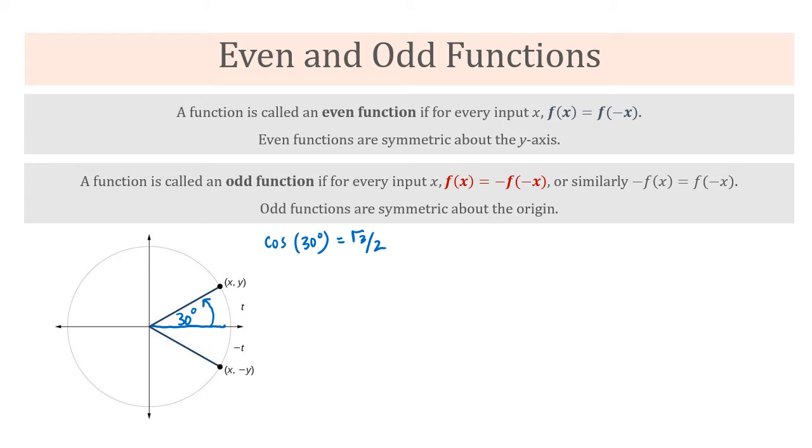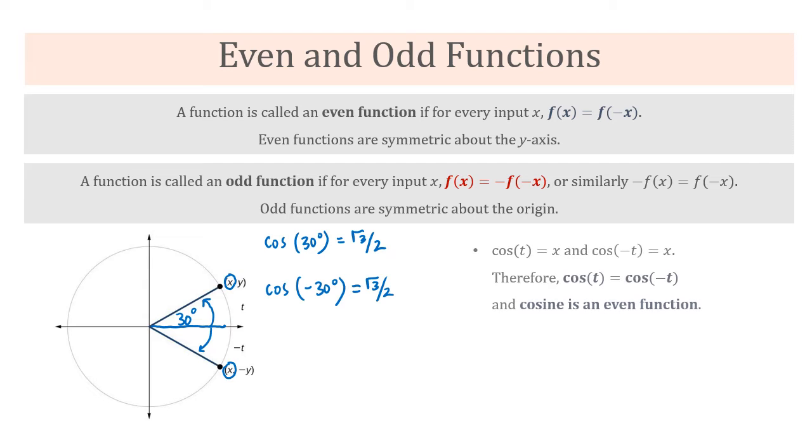Now, what about the cosine of negative 30 degrees? Well, the cosine of negative 30 degrees starts in the same location, but now we're going clockwise. Cosine, remember, is the x value. So notice in this image that even though we are in different quadrants, the x value has remained the same. So the cosine of negative 30 degrees is equal to the cosine of positive 30 degrees.